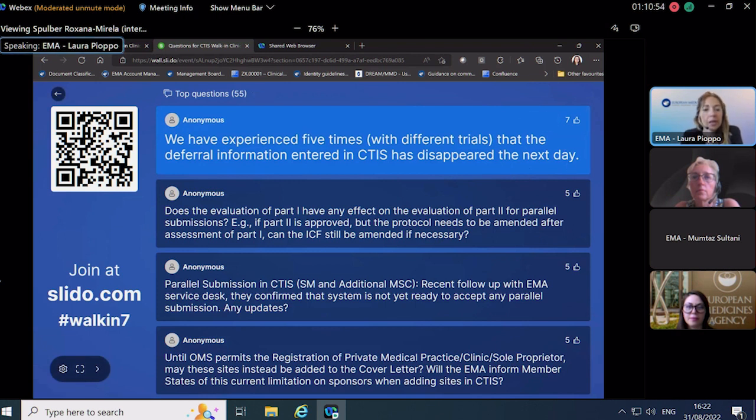I guess it has maybe been noticed that the public website is currently not available. Basically, we're working on the deferral functionality, and this is one issue that has already been reported, and we know it is a concern, and we are working on it also because we have seen that it was having an impact on the publication part.